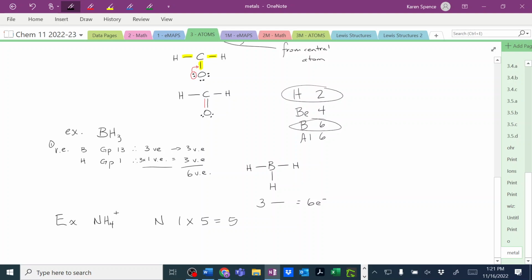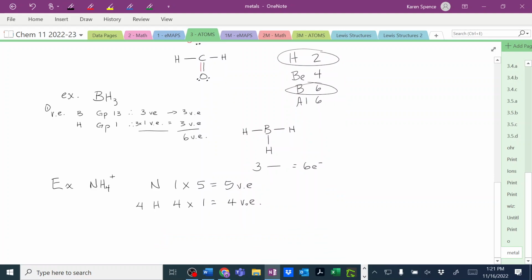So that's 5 valence electrons. I have 4 hydrogen. So that's going to be 4 times 1, which gives me 4 valence electrons. And now what do I do with this charge?